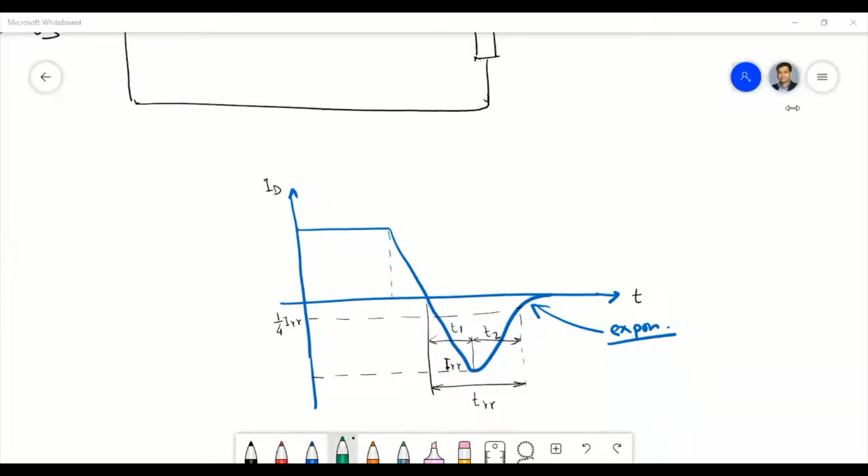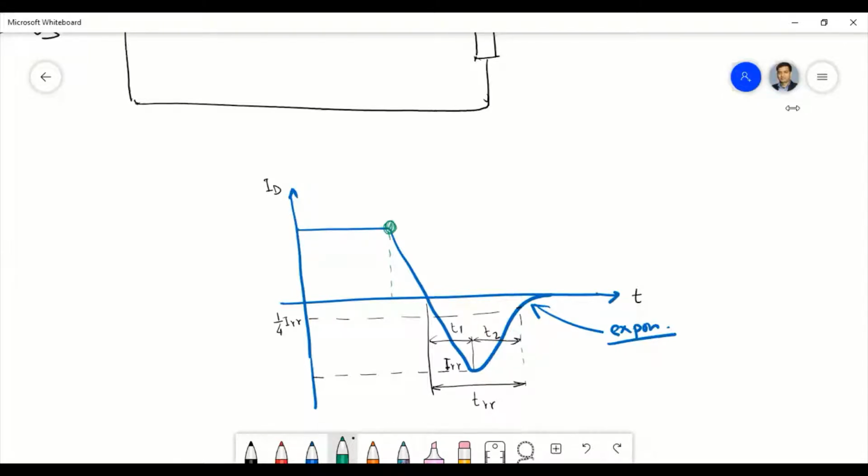When the ID starts decreasing, anybody else try to answer this correctly? So when the ID starts decreasing from the constant value. That means you are saying the same, no? This point. You are saying this point. Sir, I can't see the screen.